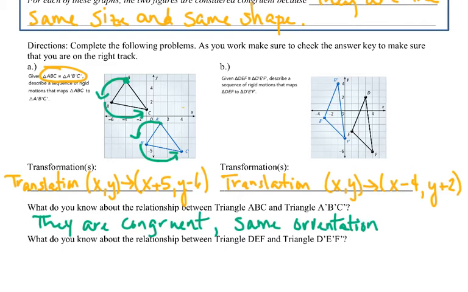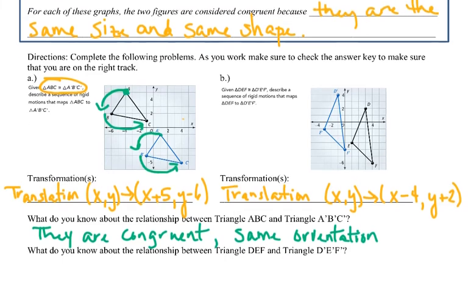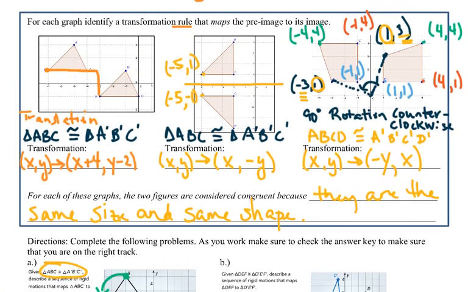I'm going to move back up to the top to show you something that has different orientations. If you take a look at triangle ABC in the middle here, if I name it, it's A, B, C. I can see that as I named it, I went clockwise.